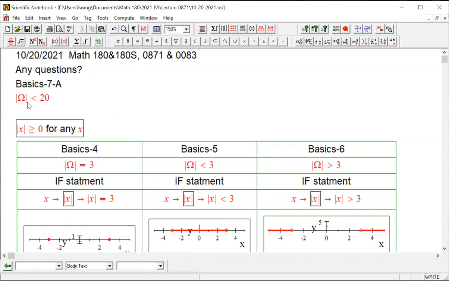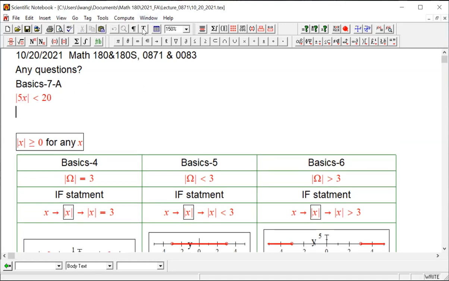In our situation, when this is 5x, what do we get? The next step would be negative 20 less than 5x less than 20. So 5x is between negative 20 and positive 20.